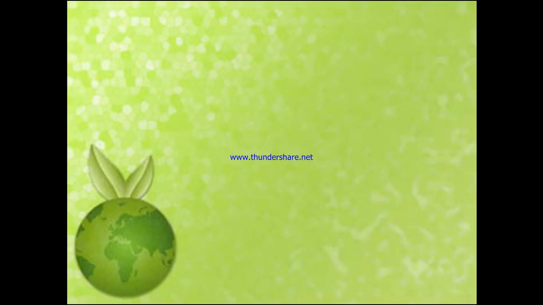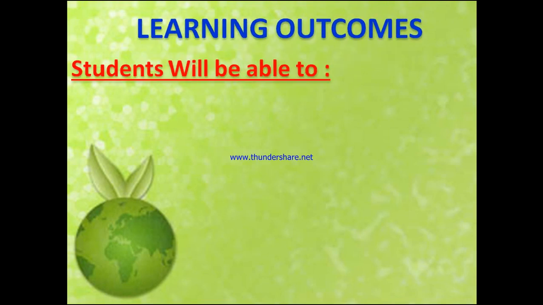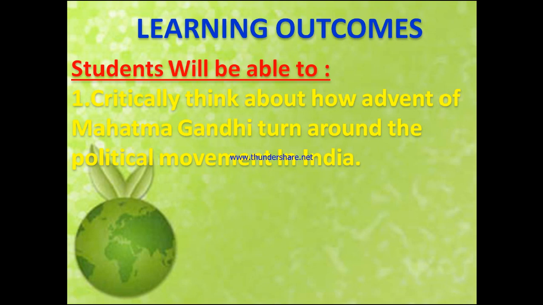Now the main learning outcomes of this chapter. The first learning outcome is that students will be able to think critically about how the advent of Mahatma Gandhi turned around the political movement in India. Till 1919 the Indian national movement was under the control of the moderates and the extremists.